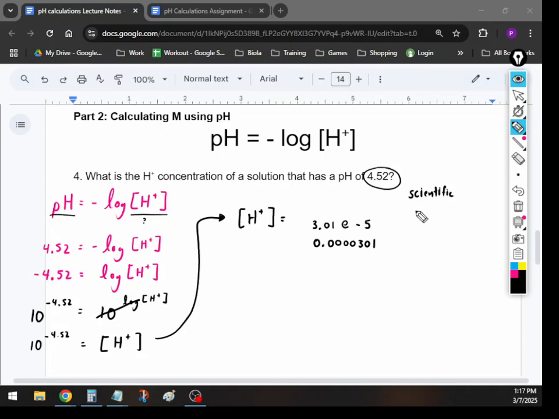Scientific notation is a way of writing very big or small numbers. In this unit, it's going to be very small numbers.